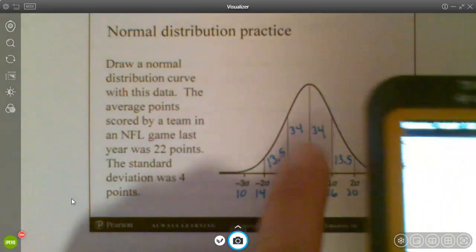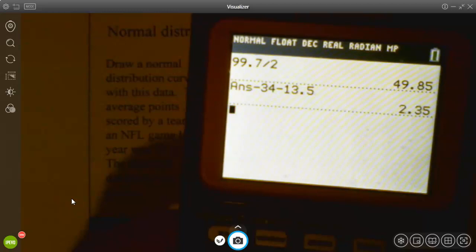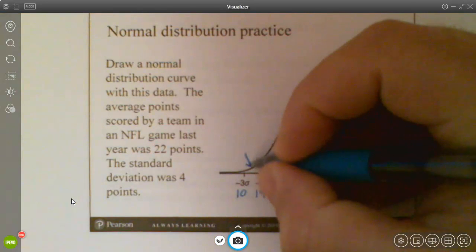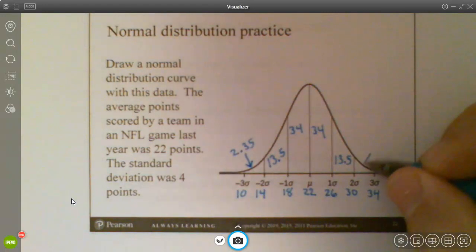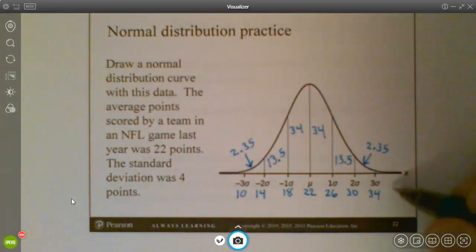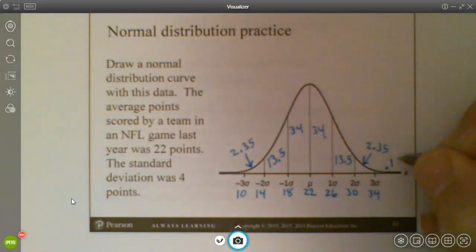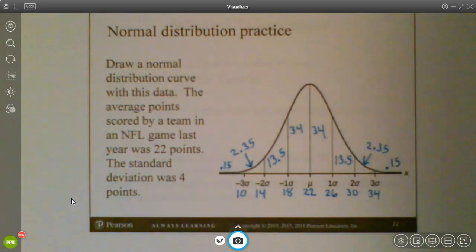If I take away the two amounts that are already there, so minus 34 and minus 13.5, that leaves me with 2.35 for that little space, which I can't even fit in there, and right here. So what's left on the outside? That would leave you with 0.15% to the far right of 34 and 0.15% to the left of 10, if we really broke all that down.